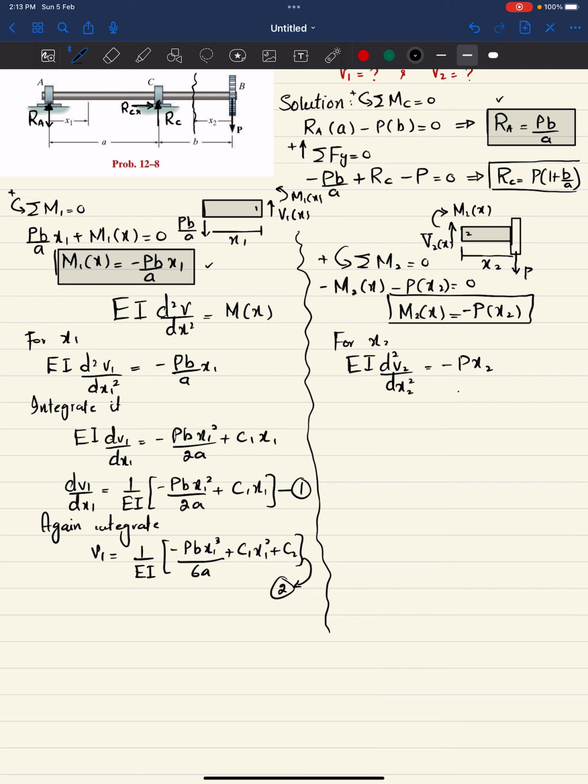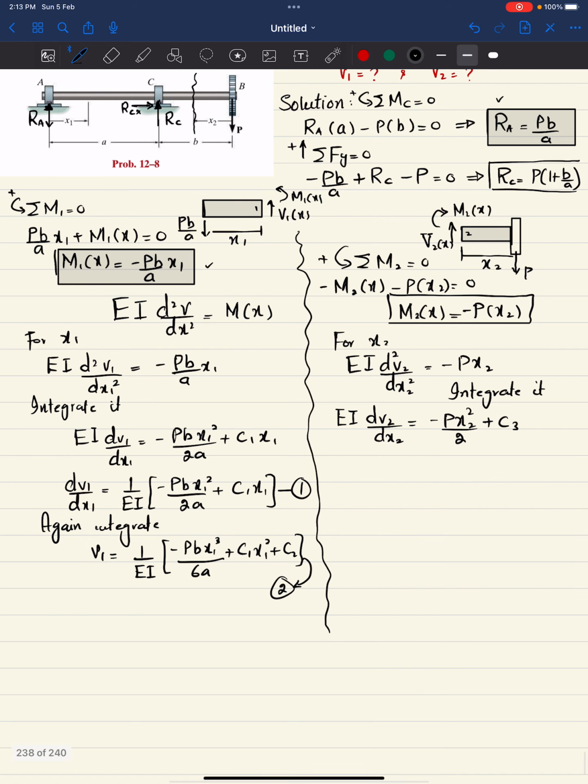So integrate it, you will get EI dv2/dx2 equal to minus P x2²/2 plus C3.